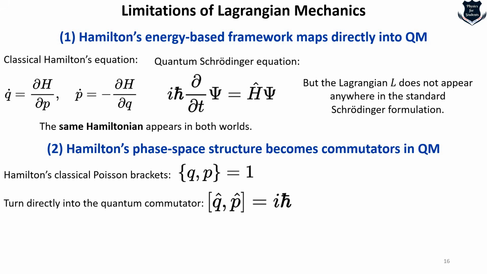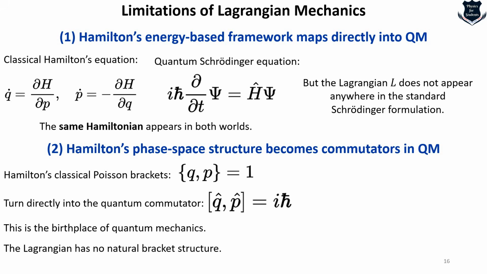Now, when we move to quantum mechanics, the classical rule turns into a rule about how the operators for position and momentum fail to commute. That is what it is telling: [q, p] equals iħ. So this replacement, turning Poisson brackets into commutators, is one of the foundations of quantum mechanics, and that is why we call it the birthplace of quantum mechanics. And the Lagrangian has no natural bracket structure.